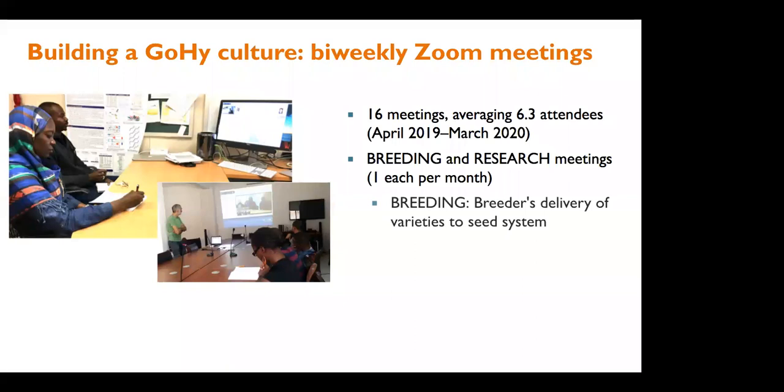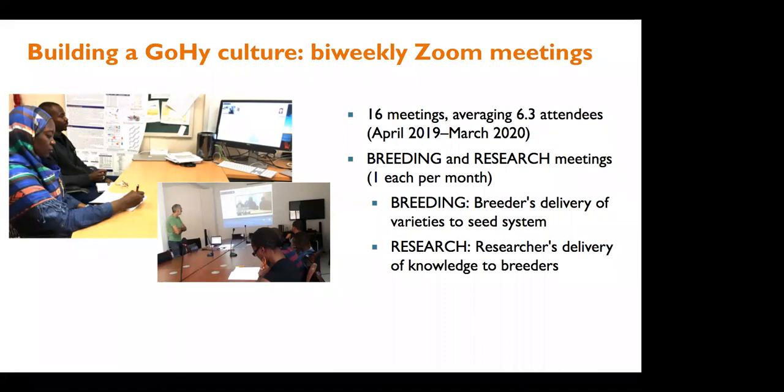We have a breeding meeting and a research meeting each month. For the breeding meeting, the focus every time is where are we at on breeders' delivery of varieties to the seed system? What do we need to be doing to help the breeders to make that happen? So we go down into the details, but we never forget why we're there talking.